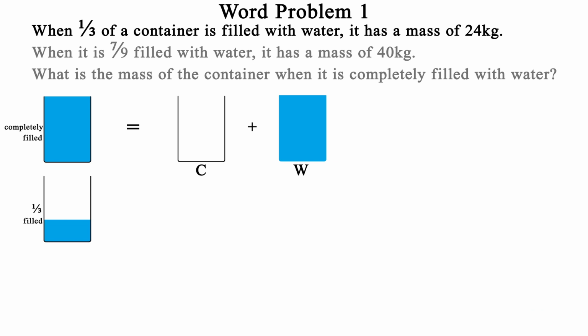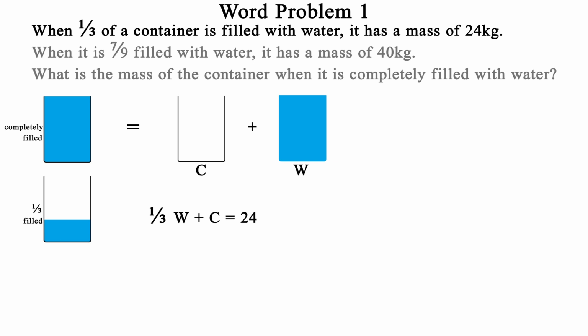The total weight of the water when it's completely filled is W, but it's only 1/3 filled. So the water weight is going to be 1/3 W, plus definitely there will be the empty container weight, which is C. So 1/3 W plus C equal to 24, because that's given. That will give me one equation.